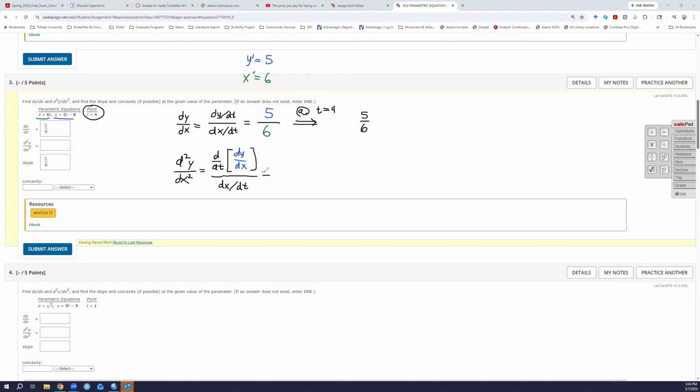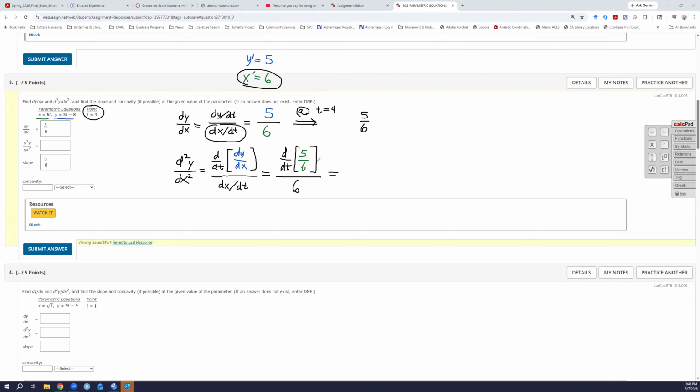So if we want to clarify this, because like I said, the notation becomes kind of cumbersome, what we're doing is taking for the numerator the derivative with respect to t of that derivative we just found, that 5 over 6. Okay, so we'll just put 5 over 6 here, which is a constant, and then divide that by the same denominator that we had in the previous problem, which is just x prime, right? So that's just going to be a 6.